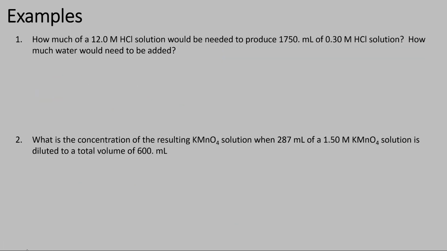All right, so how much of a 12 molar HCl solution would be needed to produce 1,750 milliliters of a 0.3 molar HCl solution? So on the previous slide, I kind of started to run out of room, but dilutions can follow an equation. For dilutions, you can use something called the dilution equation. And the dilution equation is M1V1 is equal to M2V2. So all you have to do is plug them into the right place in the equation, and you'll be okay.